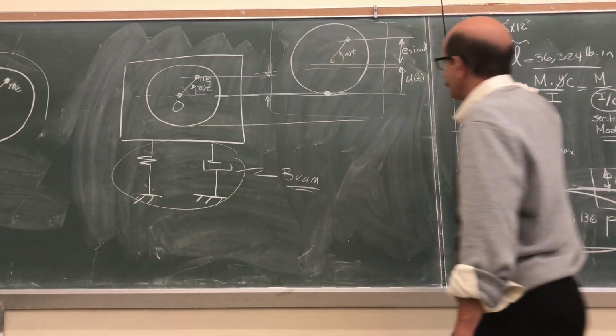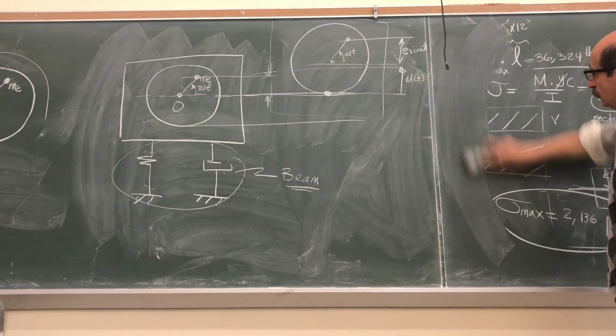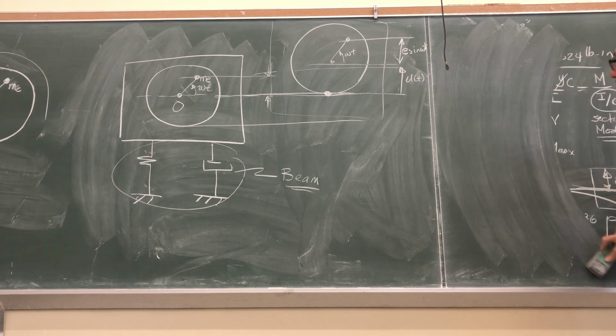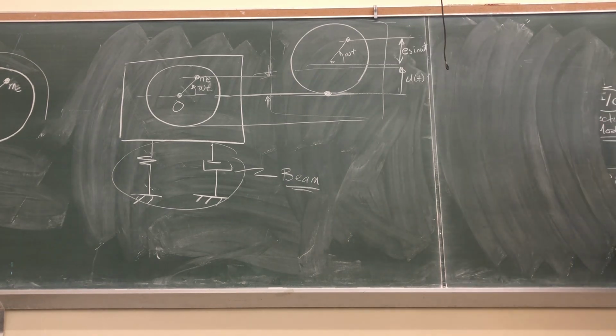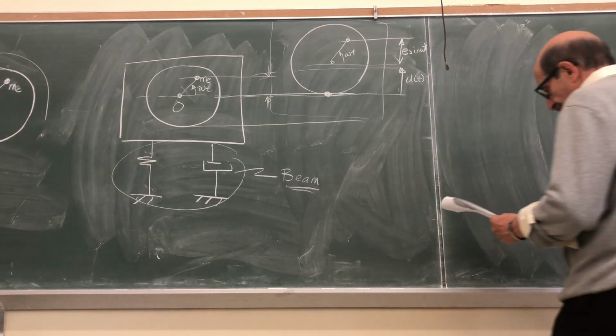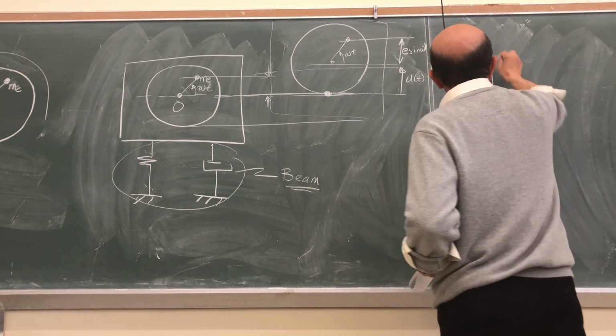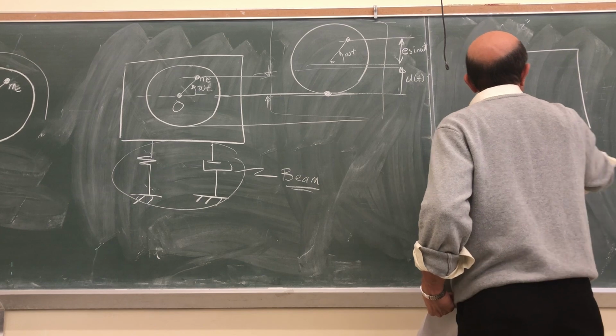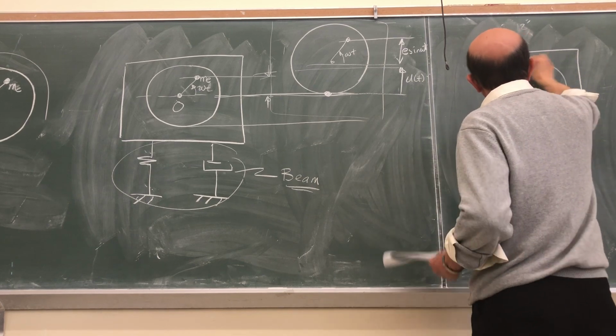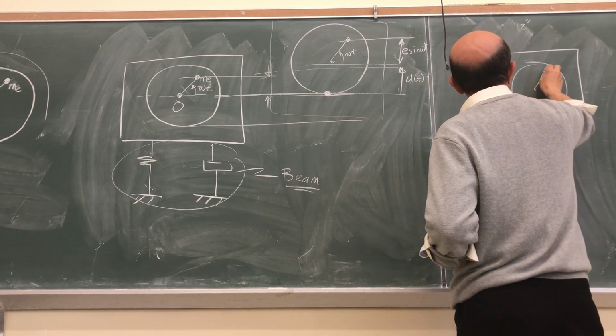So what do we have here? If you want to set up the free body diagram and write the equation of motion, I have the mass of the system, and this is the rotating piece.